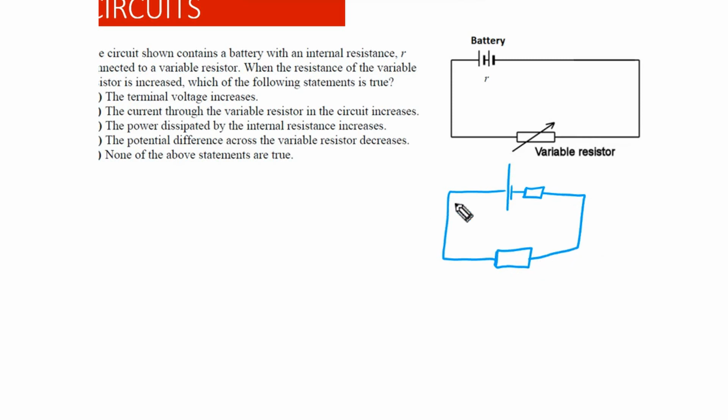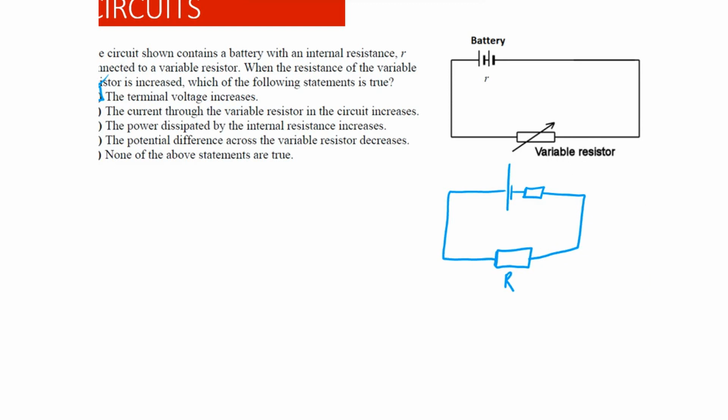Now if you increase this R, this has internal resistance, so you can redraw the circuit like this. So the answer for this one should be A. So this should be the answer.